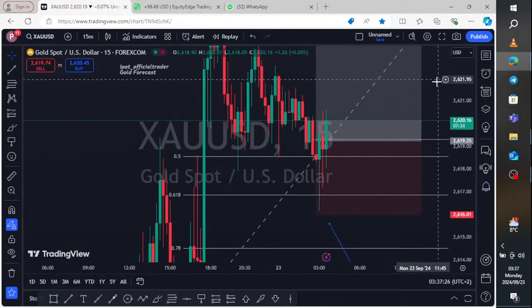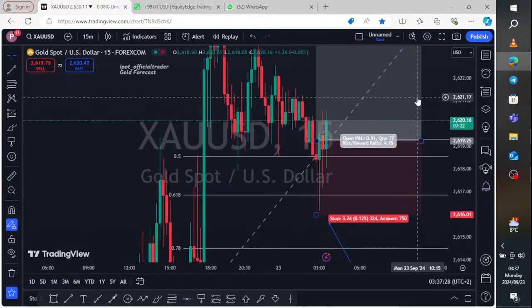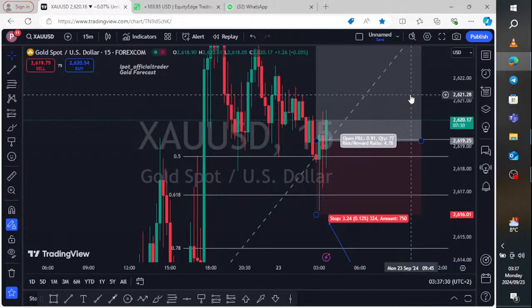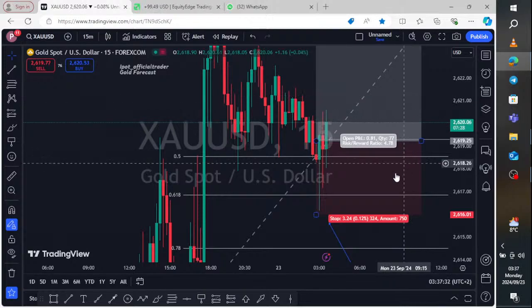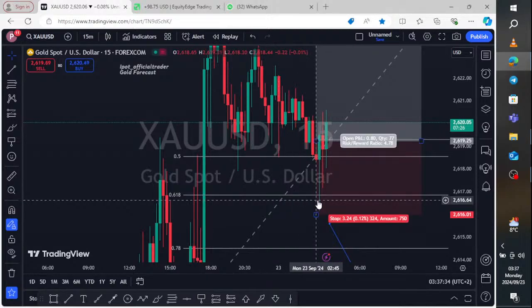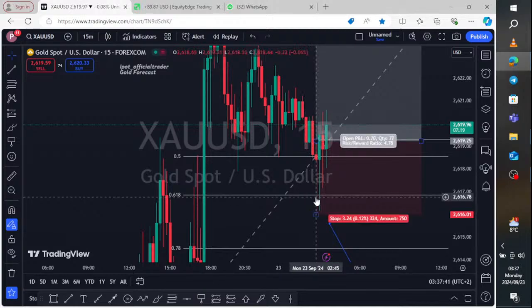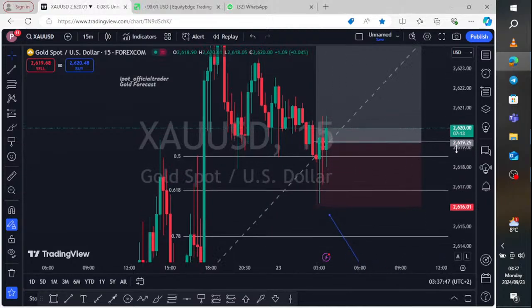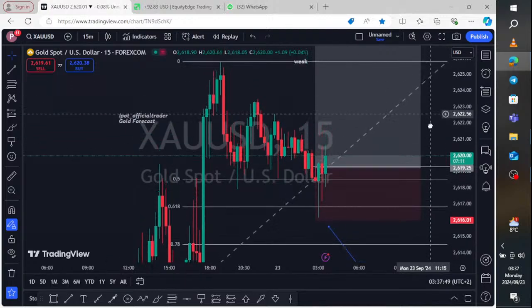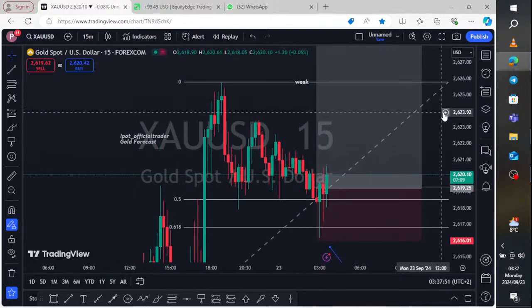Let me not just say it's bullish until I actually recheck it. Definitely the daily bias of today is bullish. Yep, the daily bias on gold is bullish.